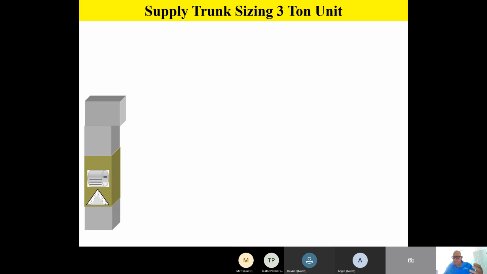Number one, we always want to design our duct systems to provide a total of 400 CFM per ton. So you see the little flashing text there to remind you, 400 CFM per ton. If we have a 3-ton unit sitting outside, this is 400 CFM per ton of cooling. Let me make sure everybody understands that.